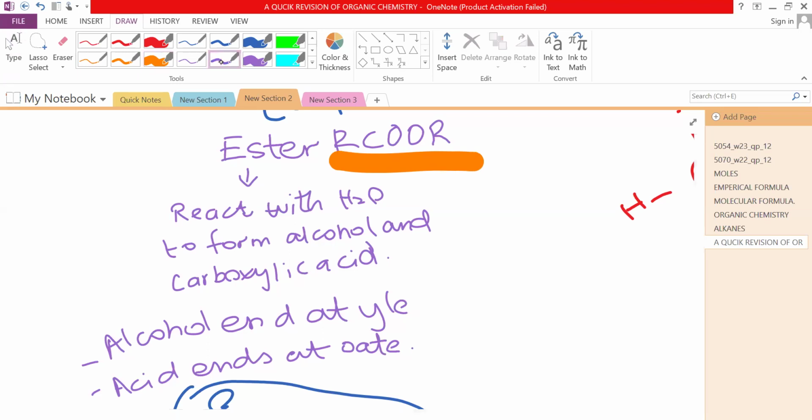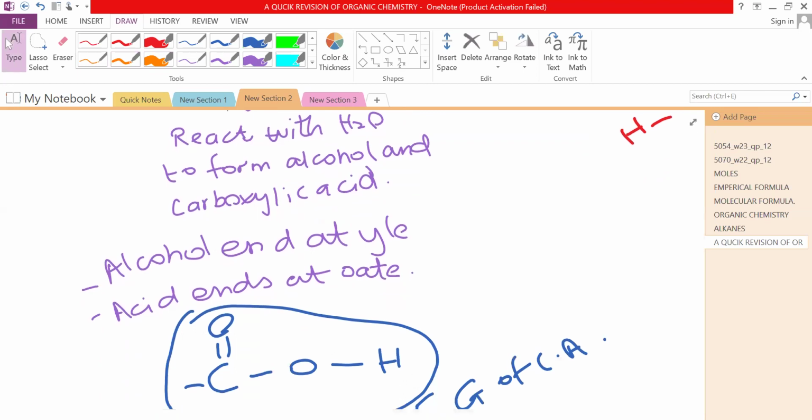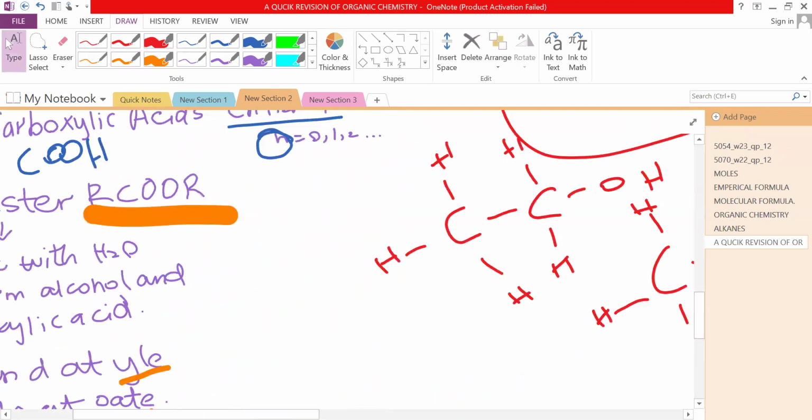One thing you need to remember for esters is that whenever you write or draw the structure of an ester, in the name the alcohol part ends in -yl, and the acid part ends with -oate. Let me show you an example over here.